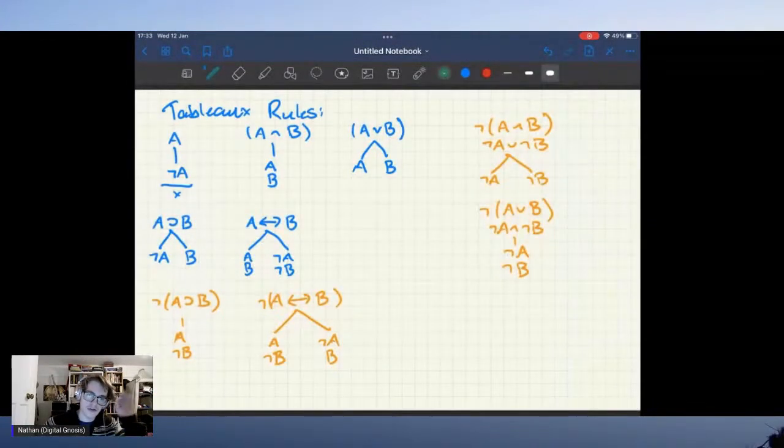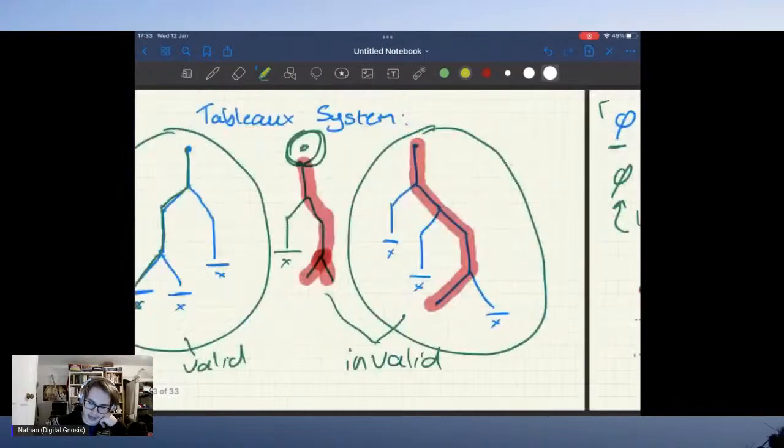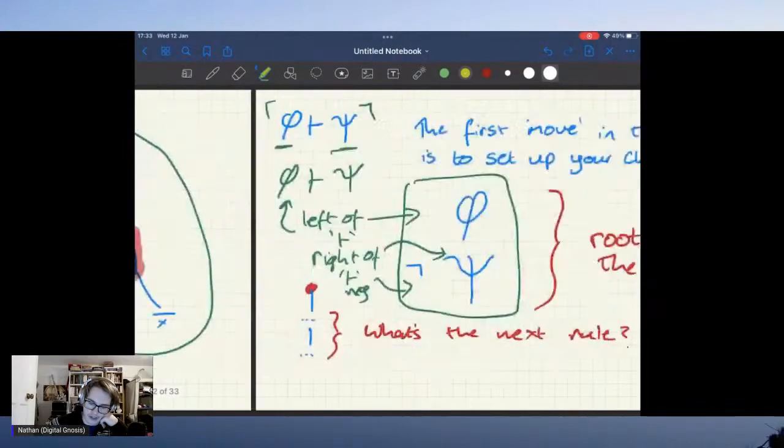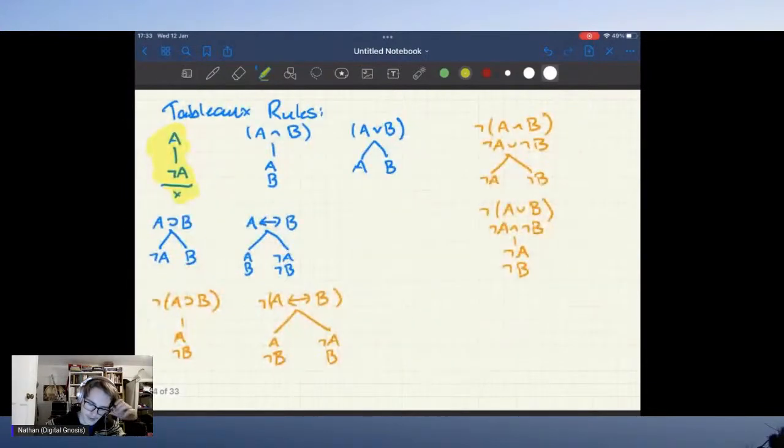So if on any branch you have well-formed formulas of the form A and not A, like this, then the branch closes because you've got a contradiction. So that's how you close a branch, like in the cases of these valid trees where each of them is closed.